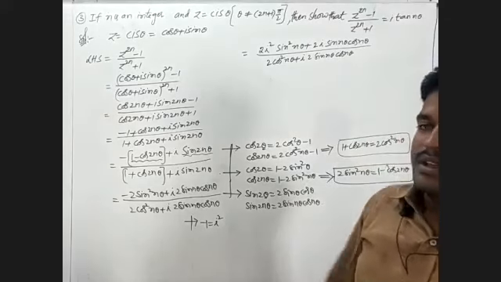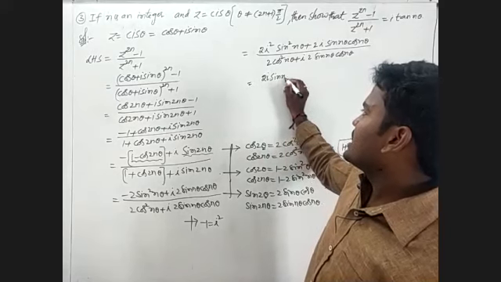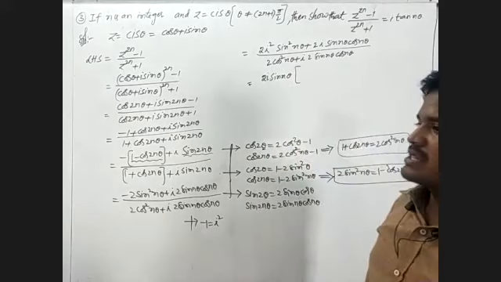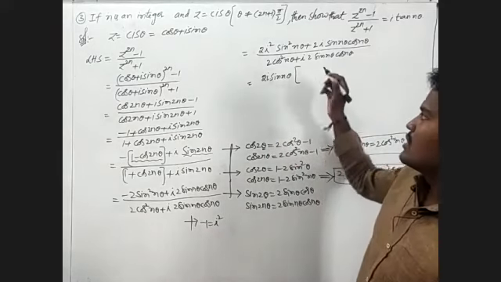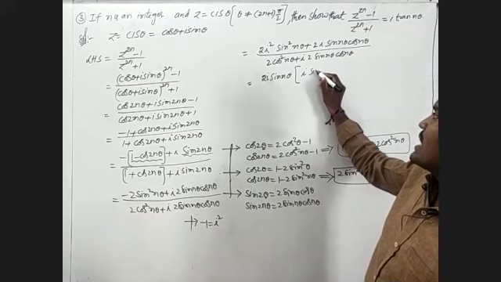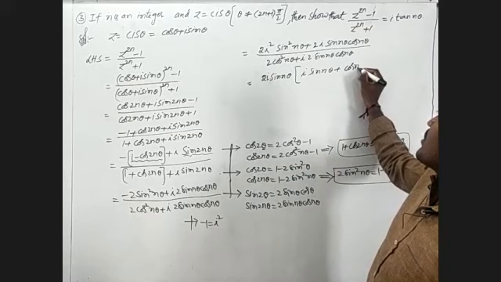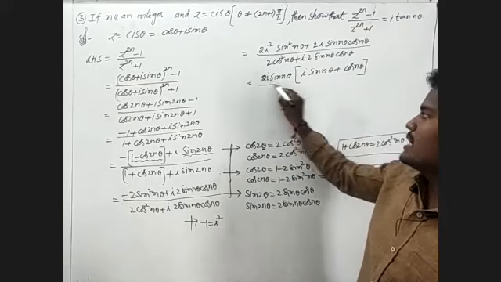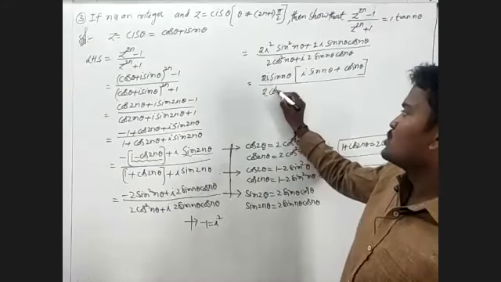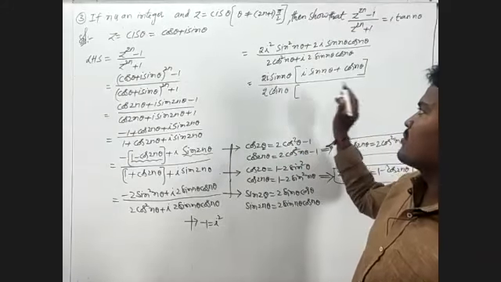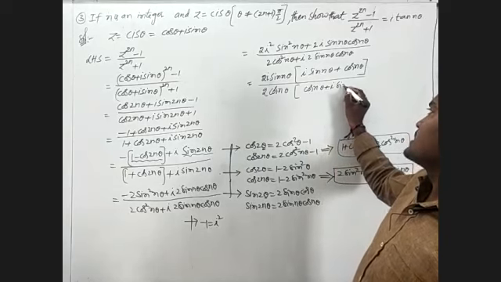Here I take 2i sin n theta common, and remaining we write i sin n theta plus cos n theta, by the denominator, where I take 2 cos n theta common, remaining cos n theta plus i sin n theta.